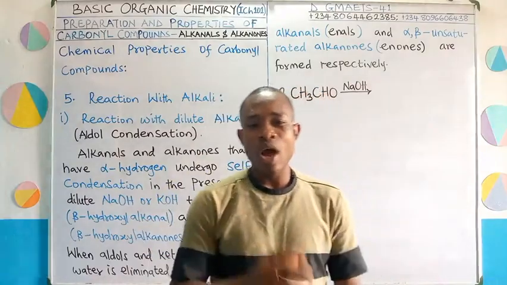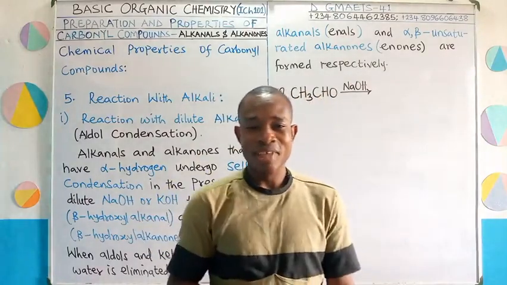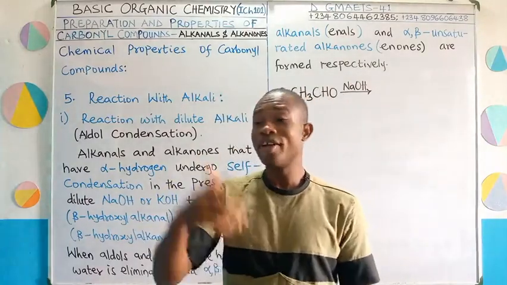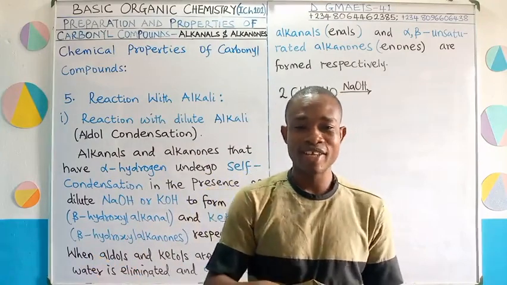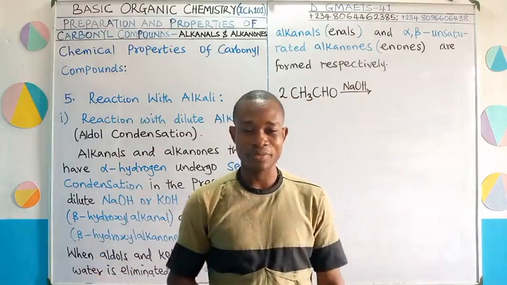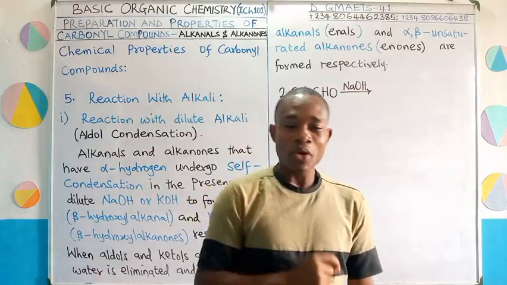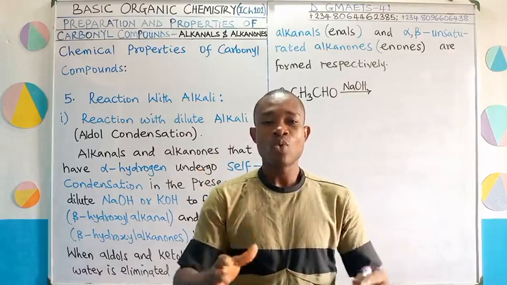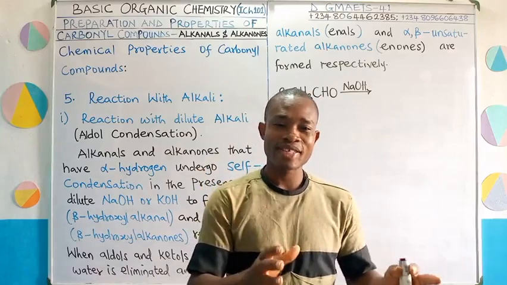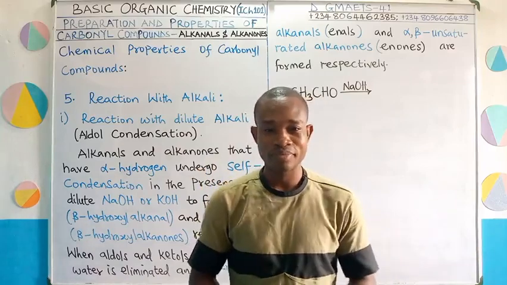Now, when we obtain our aldols and ketols, depending on whether you use alkanals or alkanones, respectively, in this Aldol condensation, the aldols or ketols that you obtain, you can decide to heat them. When you heat them, you are going to get an unsaturated compound.